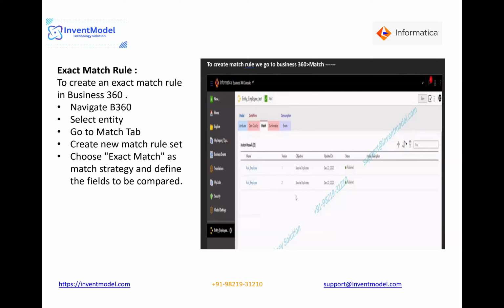Then we can create a new match rule set, which is shown in the later slides, and choose the match strategy. There we will see two match strategies, fuzzy and exact, and we need to choose exact because our goal here is just to do the exact match. Then we define the fields to be compared. Once we select exact match, we need to define the fields which we need to compare for identical matching. Next slide.